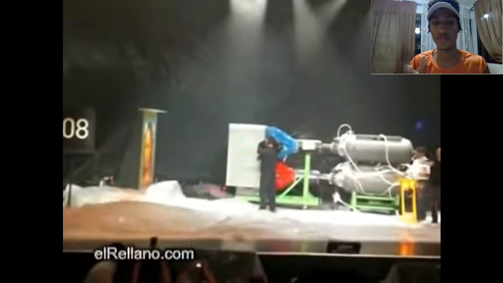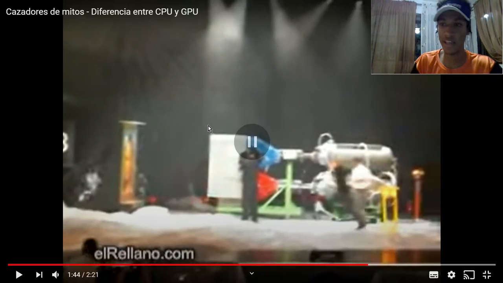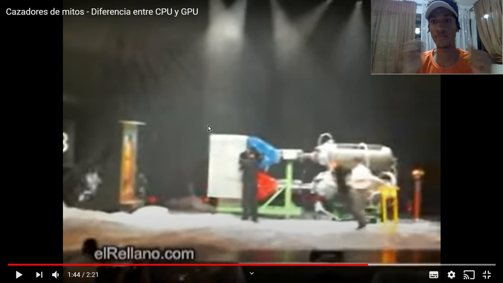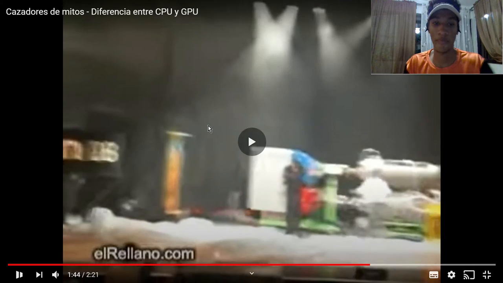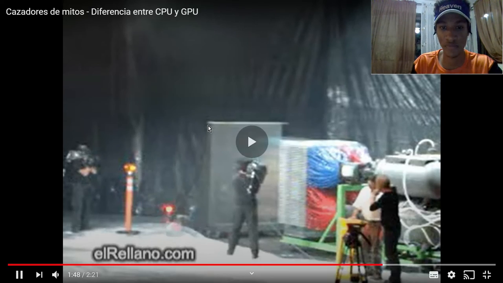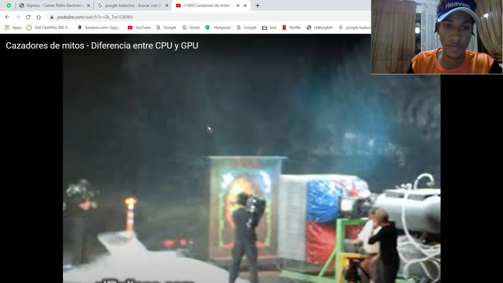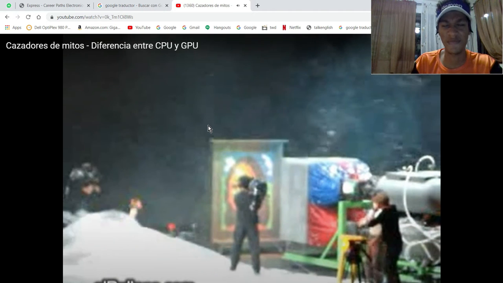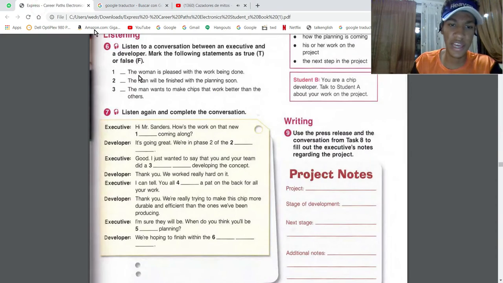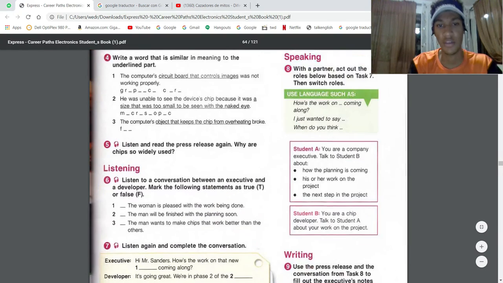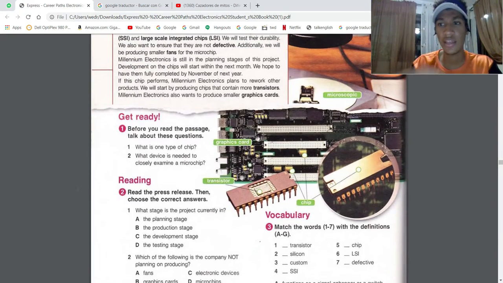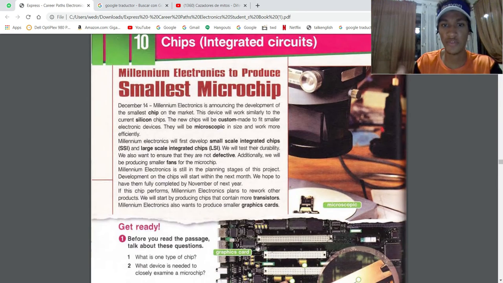The GPU, it's the difference. So I explained the difference between a GPU and the microchips and the processor of the computer.